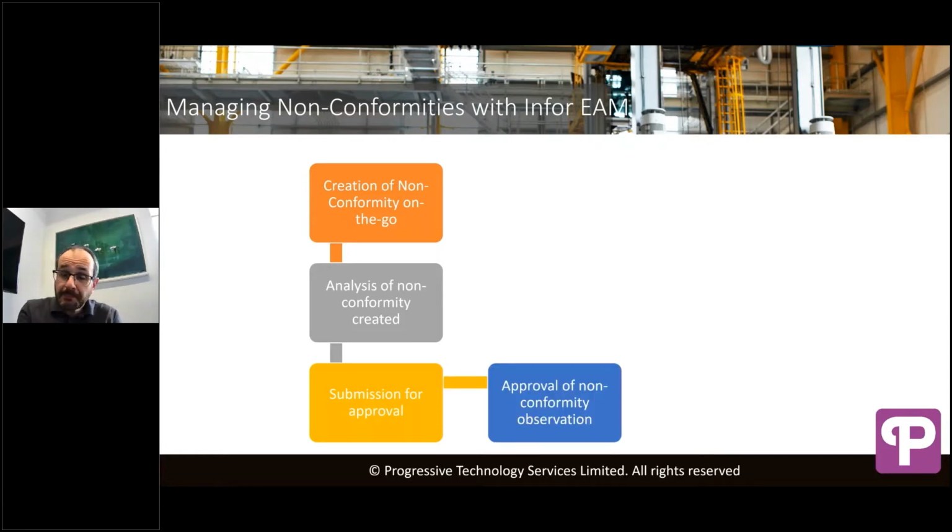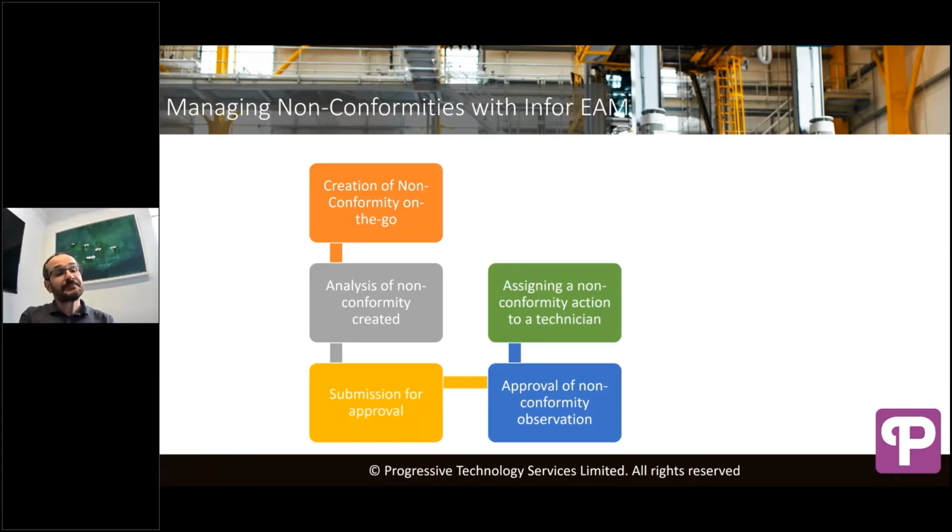That department head will approve that non-conformity observation using his mobile phone, and we'll see that once a non-conformity observation has been approved, then a work order will be assigned to a technician and they will be able to perform work to address the non-conformity.